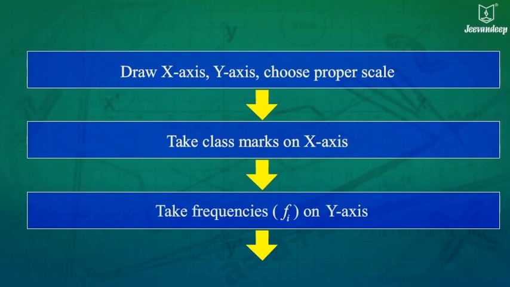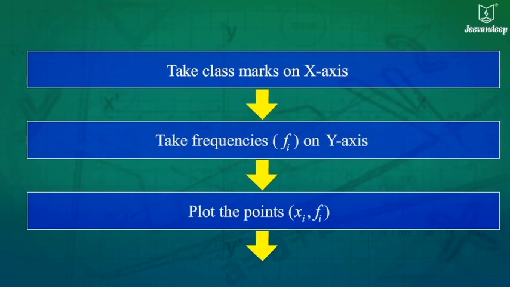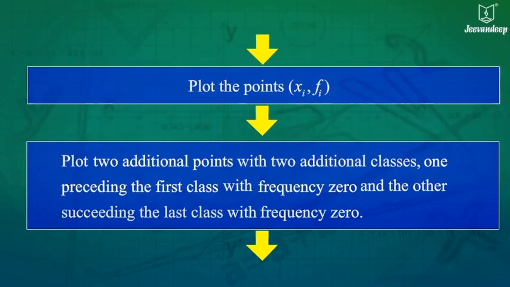Take frequencies fi on the y-axis. Plot the points xi, fi. Plot two additional points with two additional classes, one preceding the first class with frequency 0 and the other succeeding the last class with frequency 0.